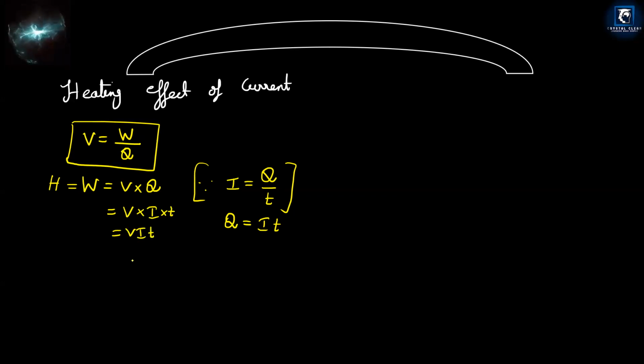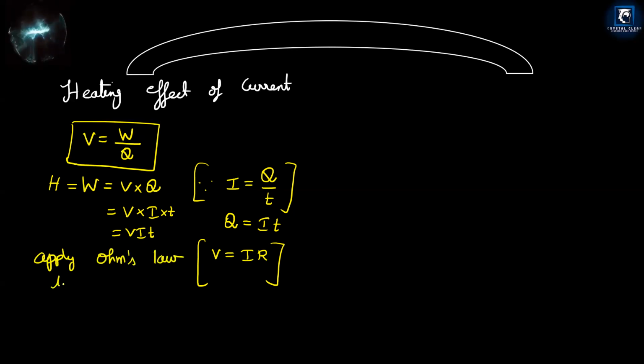Now, from Ohm's law, we all know V is equal to IR, right? So apply Ohm's law to remove V. So we get H is equal to IR into IT, which is nothing but I square RT.